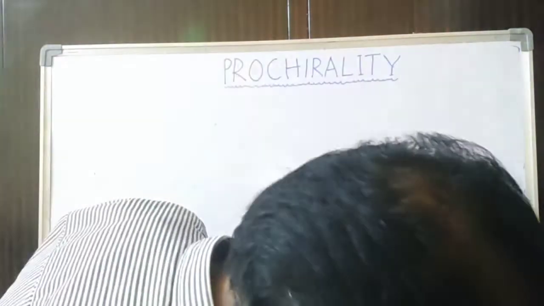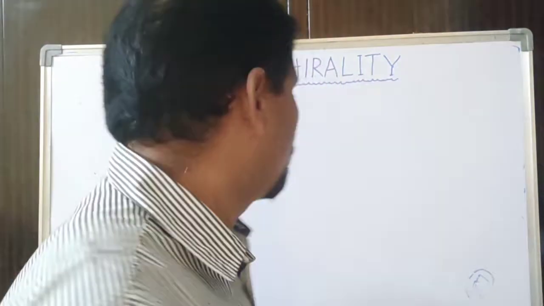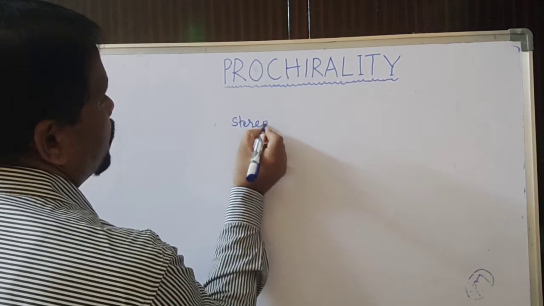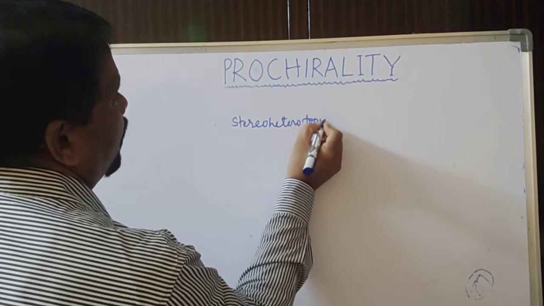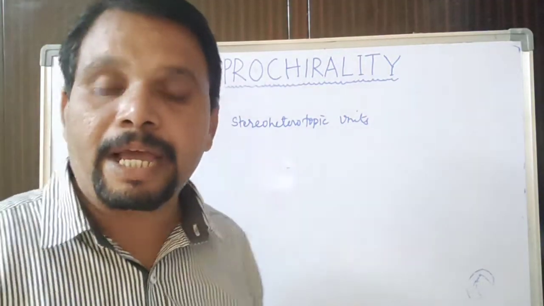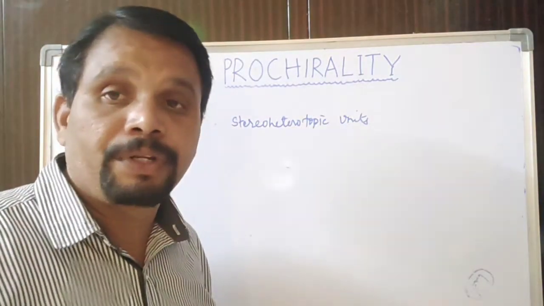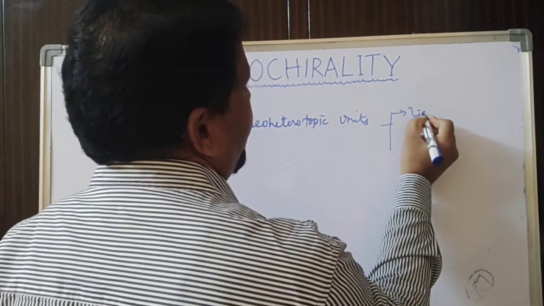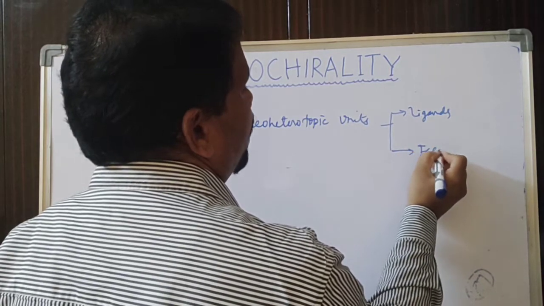So I'll give you some more examples so that you can understand. Stereoheterotopic units means what? In the previous class I explained about them. Stereoheterotopic units may be considered as ligands or faces.